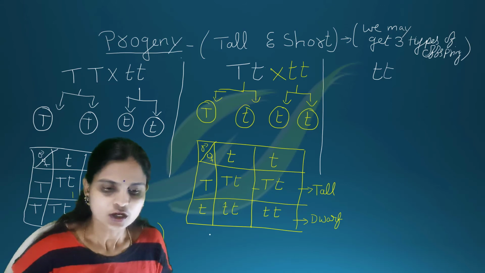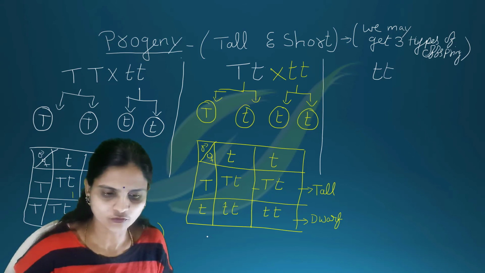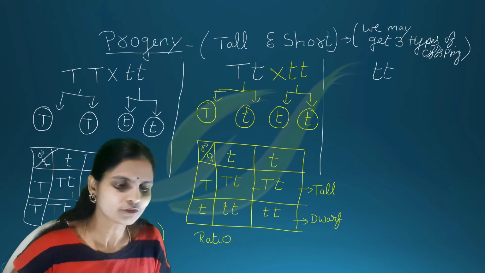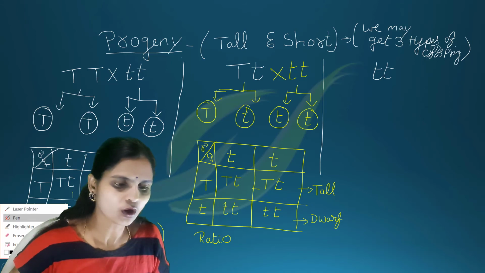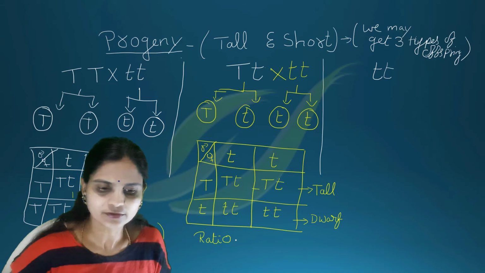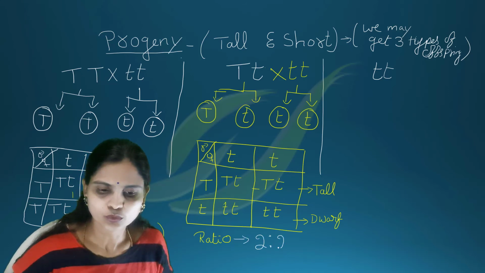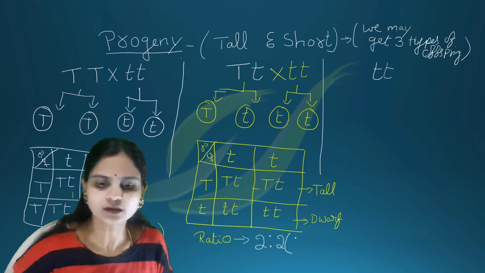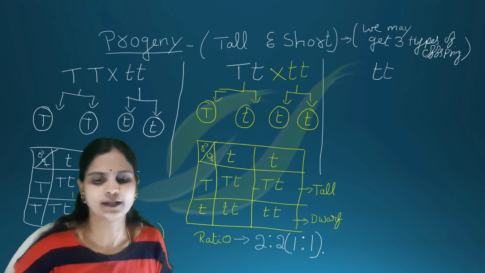If you see the ratio of this cross, you can find that it is 1:1, or I can write it as 2:2, and always remember it can also be written as 1:1.